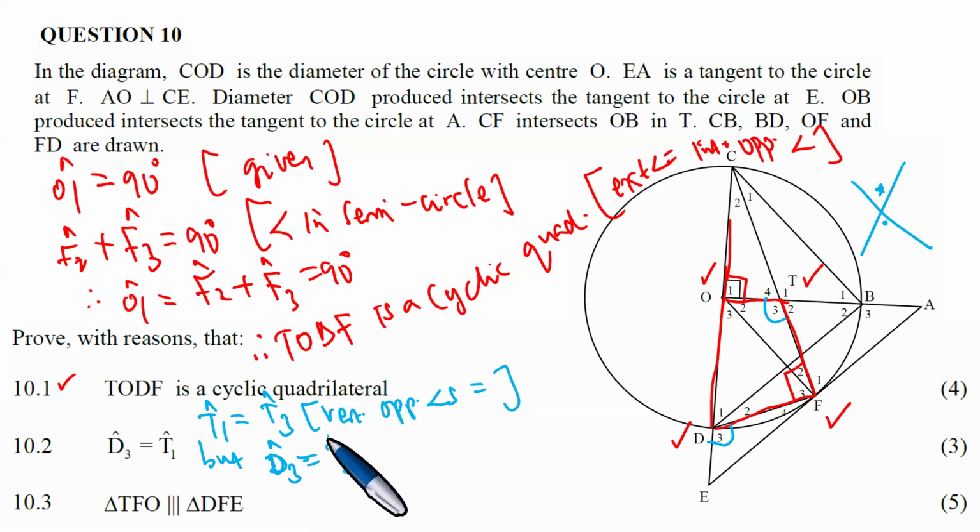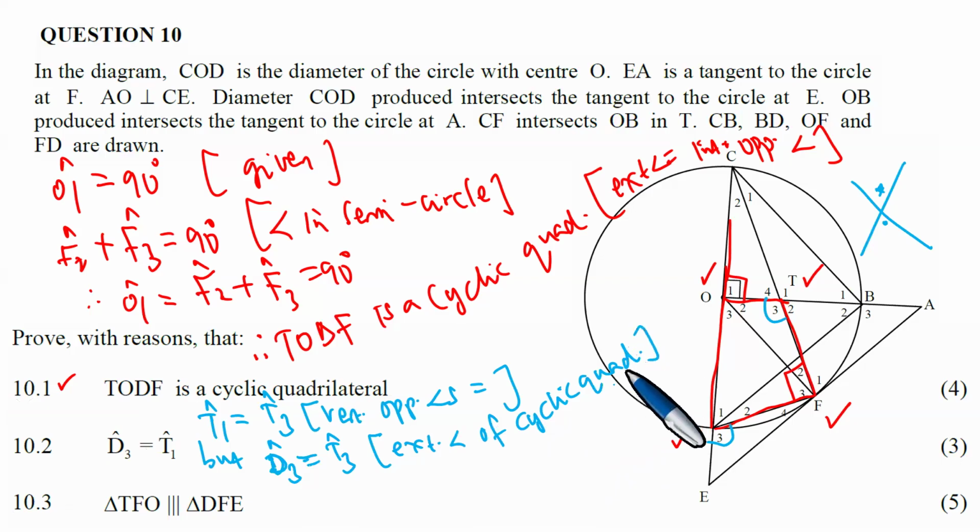The reason for this is the exterior angle of a cyclic quad.